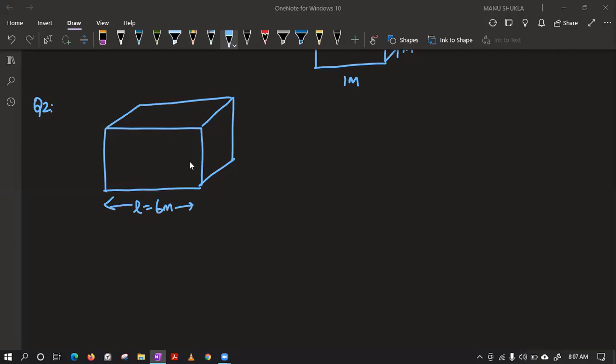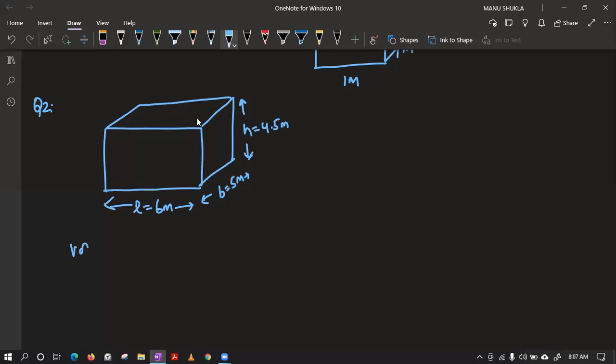The breadth given to you is 5 meter, and the height is given as 4.5 meter deep. Now they are asking how many liters of water it can hold. Very simple. We will just find the volume and then convert into liters.